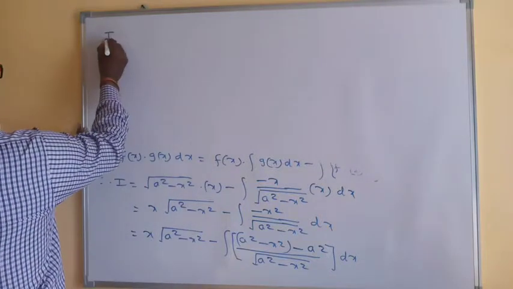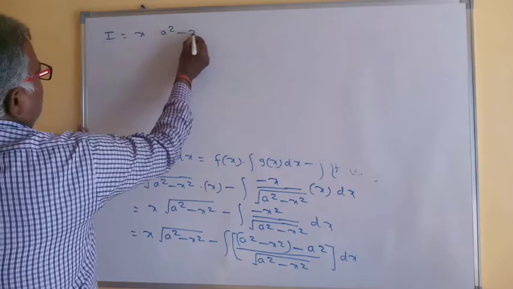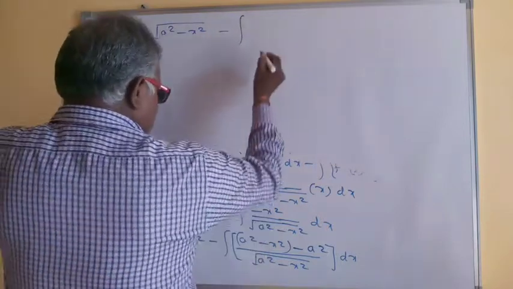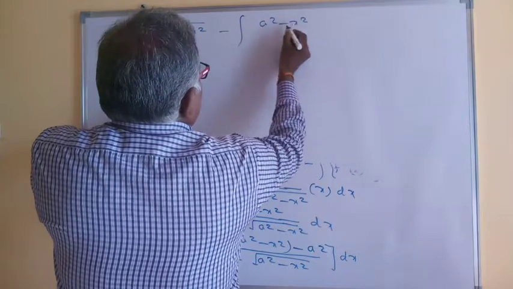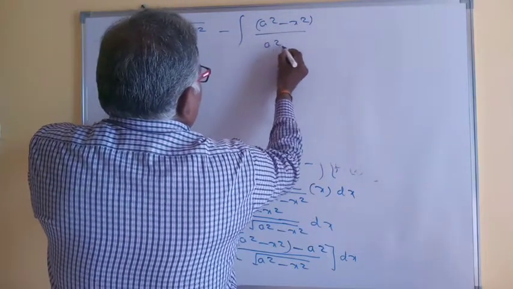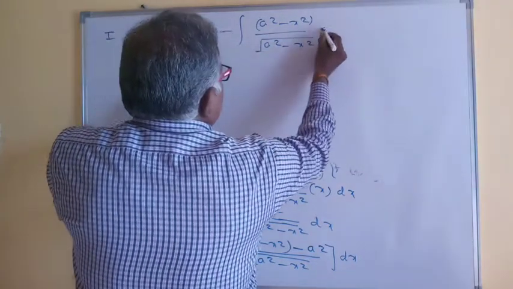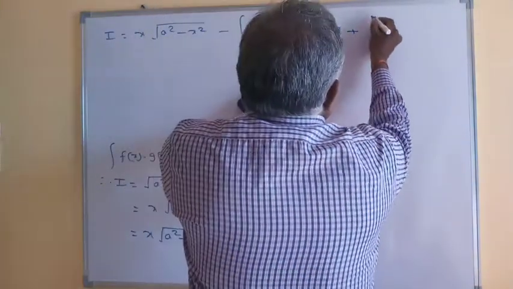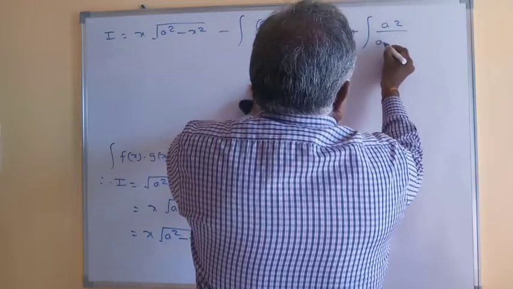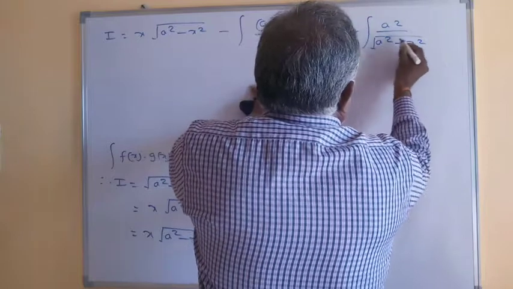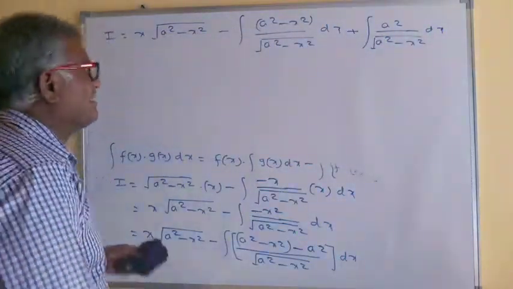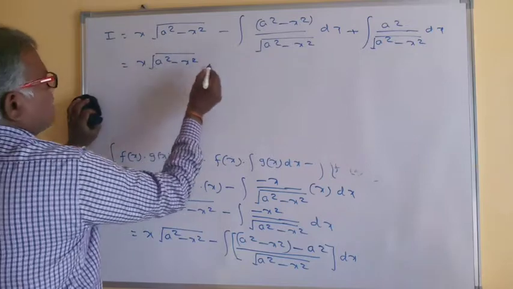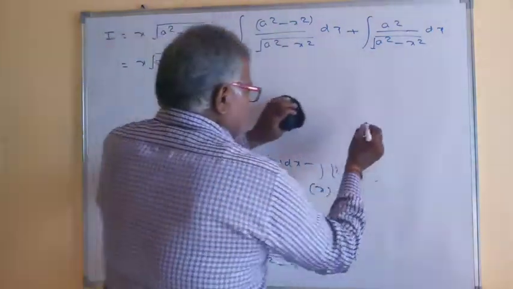Here I is equal to x into root of a square minus x square, minus the integral, separating these two, of a square minus x square by root of a square minus x square dx, and again minus into minus is plus, the integral of a square by root of a square minus x square dx.